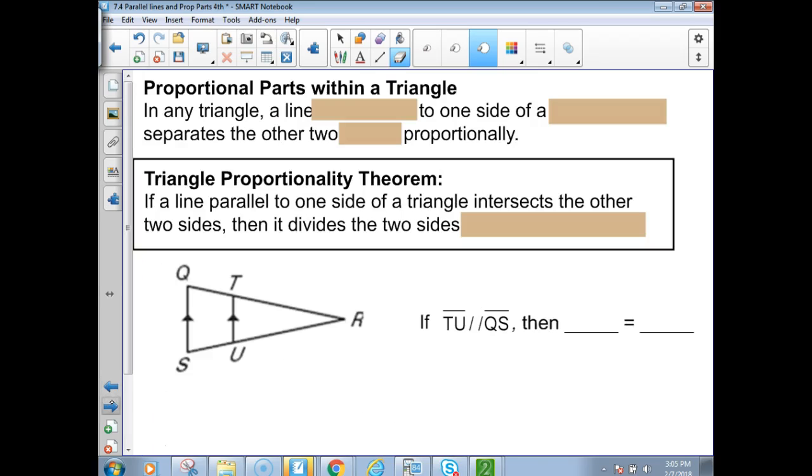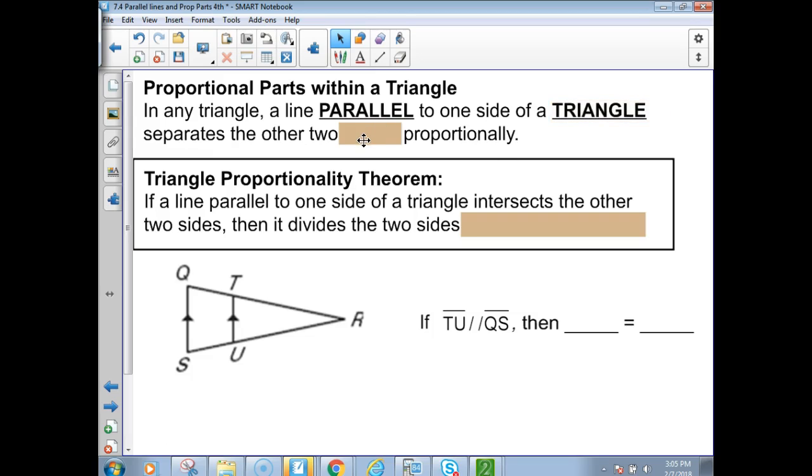So we've already gone through this in our ISN, but let's just quickly look at what it said. In any triangle, a line parallel to one side of a triangle separates the other two sides proportionally. The triangle proportionality theorem that we just got through using is: if a line parallel to one side of a triangle intersects the other two sides, it divides the sides proportionally.